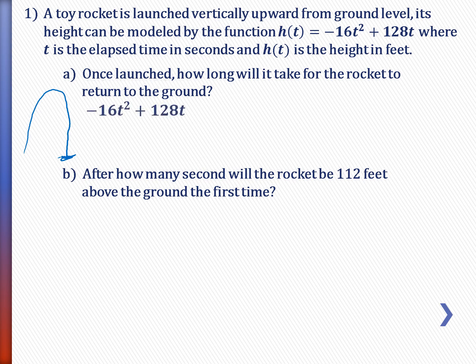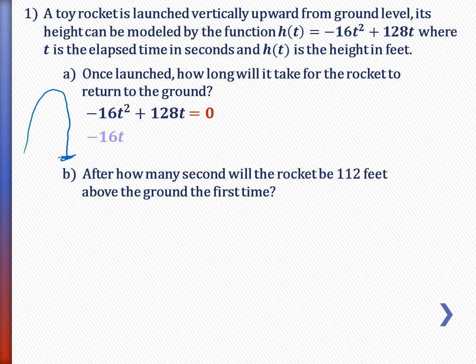So what we're going to do is take that function and set it equal to 0. Now we have to look, and probably the best way to solve this is to factor out a GCF. So I'm going to factor out a negative 16t.